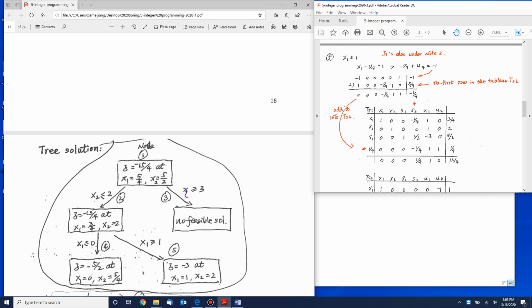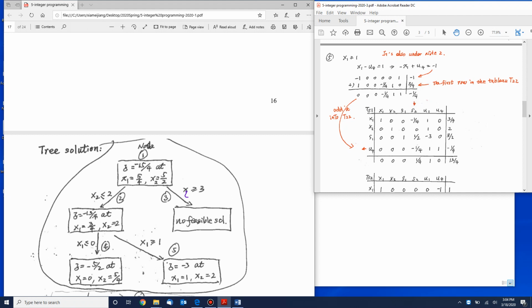Now we bring it into T22, and we get this tableau. We call it T51 because this is node 5.